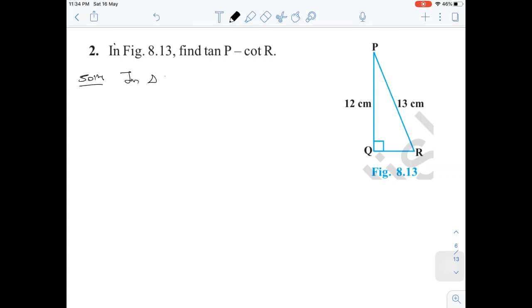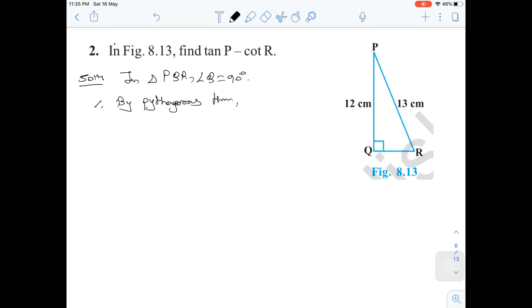In triangle PQR, angle Q equals 90 degrees. Therefore, by Pythagoras theorem, we can write, now here PR is the hypotenuse, QR is the base, and PQ is its altitude.